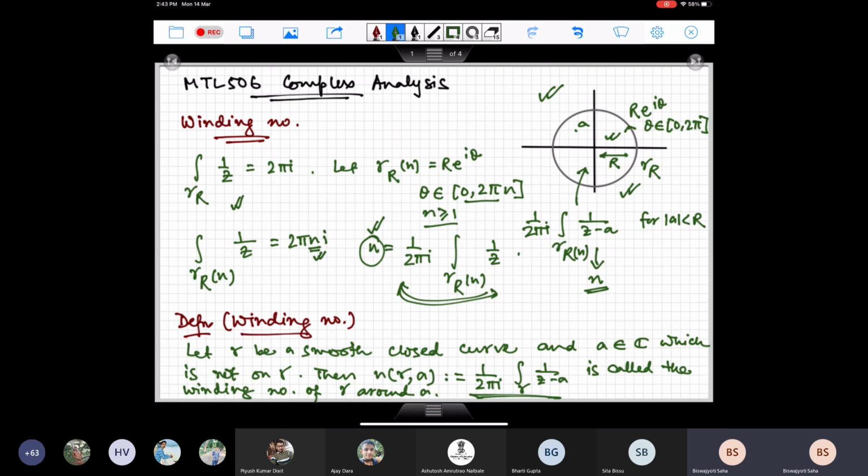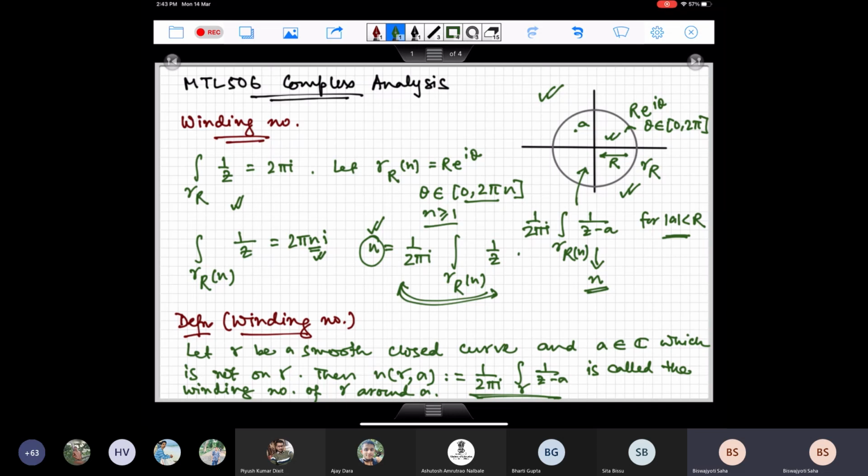Of course, I was telling you that gamma r n winds around 0 n number of times, but if I take any a for which mod a is less than r, for all these a's also, gamma r n winds exactly n times around that point, isn't it? Yeah, is it clear what I'm trying to say over here? Yes. So this is one key observation.